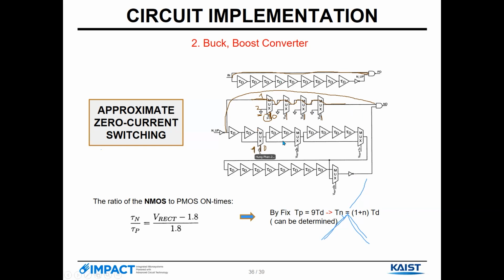VDD is 1, and ground is 0, right? So if here is 1, it will go like this, right? And if control is 0, it will be like this. It's 0, and then it will remove the delay, right? Yes.